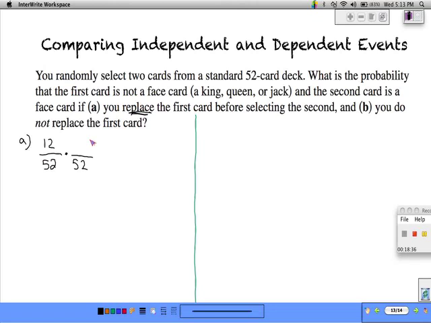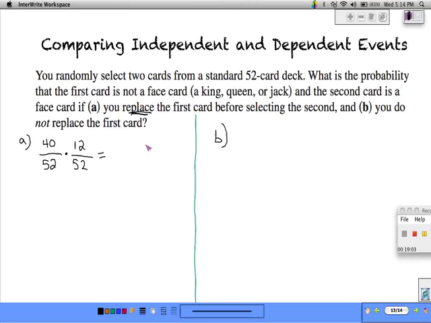And I want the other card to not be a face card. I got this backwards. The first one, it says, needs to be not a face card. So the ones that aren't face cards, 12 of them are faces. That means 40 of them are not. And there are 12 faces, and we would just multiply this together.